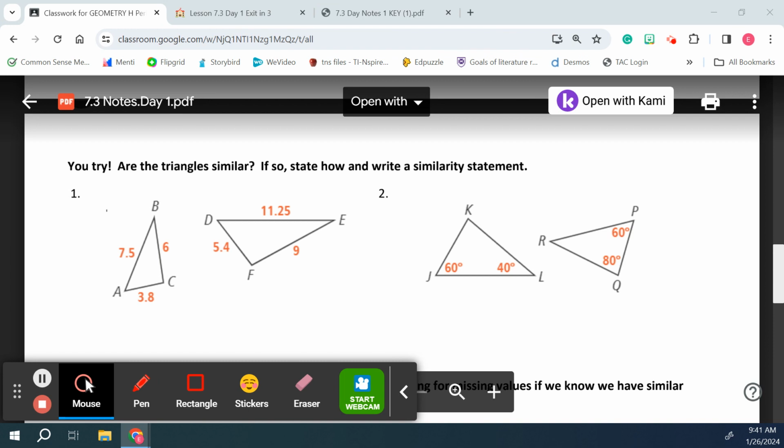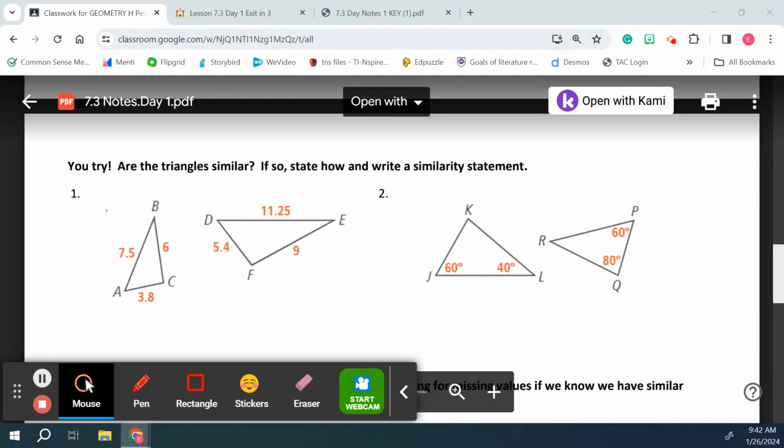All right, so let's take a look at one. One was definitely a no, because if you look, only 2 out of the 3 sides were the same ratio, so this is a no-go. Now number 2, it's definitely angle, because this would be 40, so these two would be congruent, and they gave you J and angle P. Now the question is, did we write this correctly?